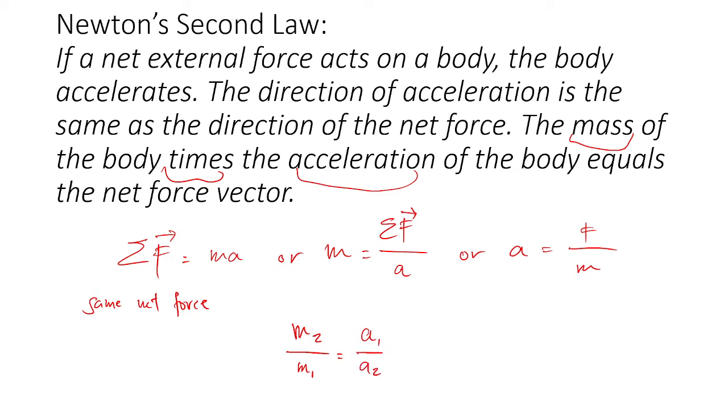So as you can see here, having a constant force or net force that is applied to an object, we can have here an inverse proportionality between the mass and acceleration of a body. Okay?